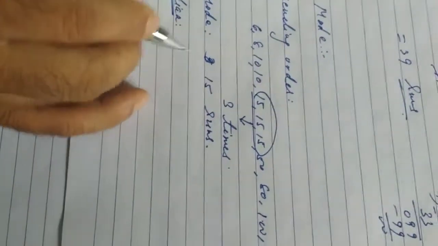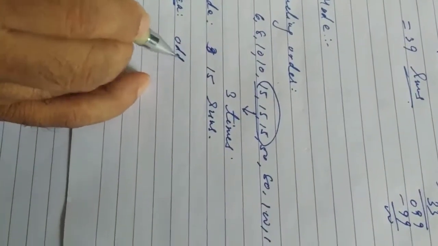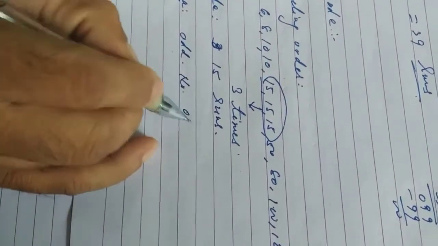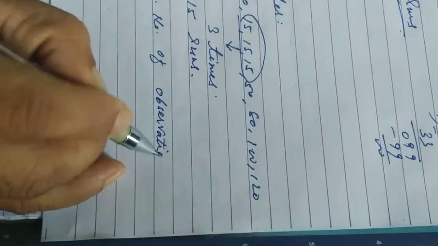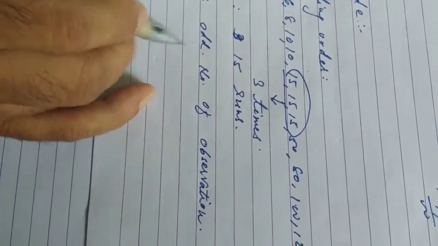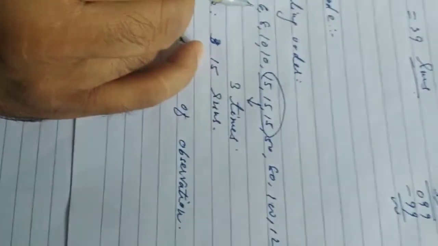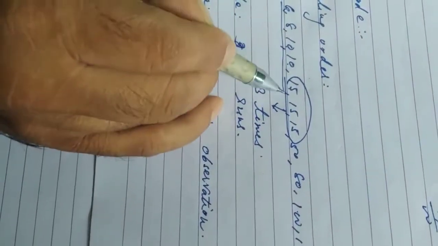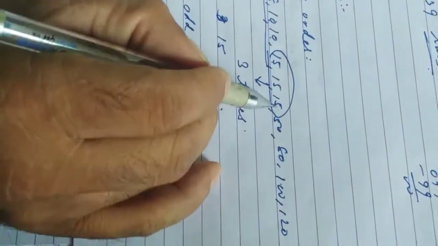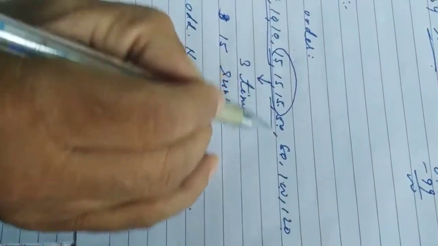Understood? Now next is the median. How many observations do we have? An odd number of observations, 11, right? So we take the middle one. 5 on the left side, 1, 2, 3, 4, 5, as well as 5 on the right side, 1, 2, 3, 4, 5.